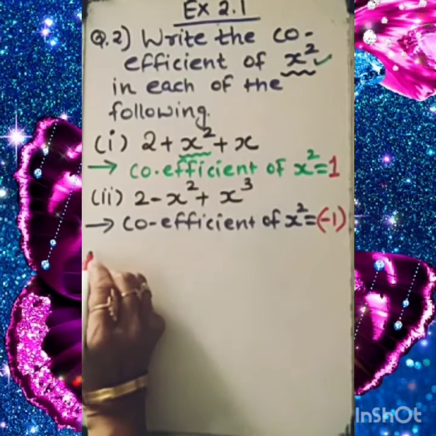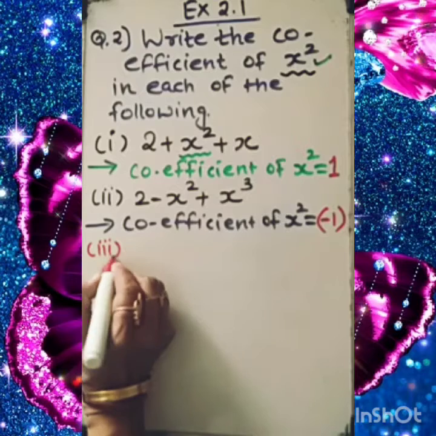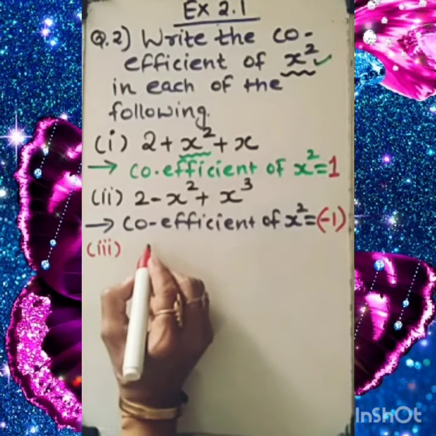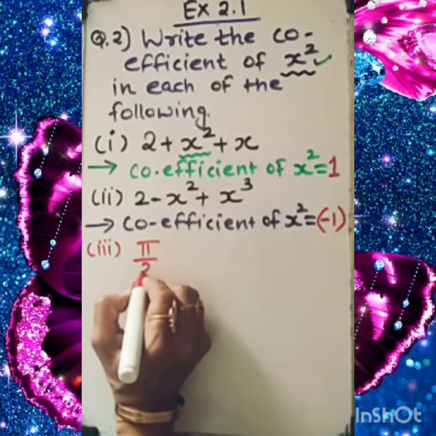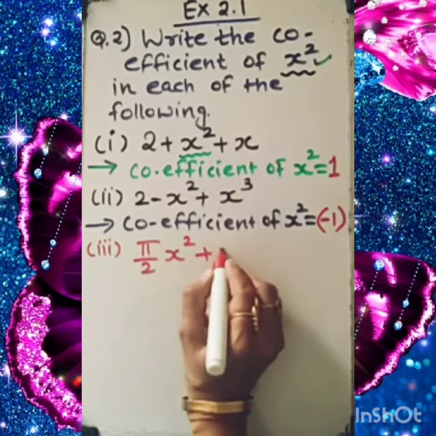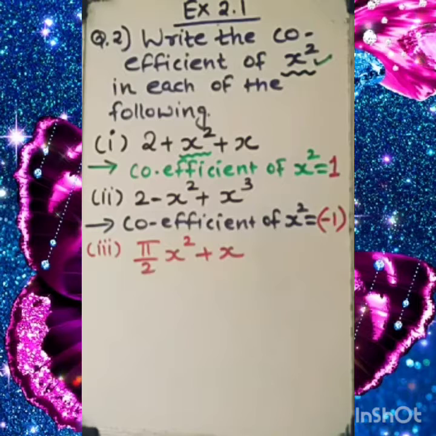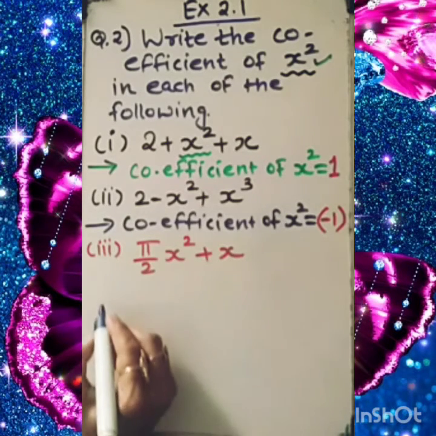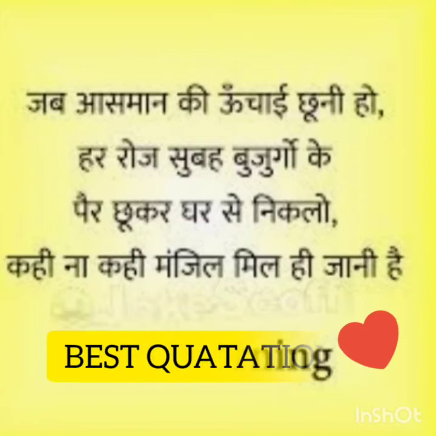Now work out the third. We are given 5 by 2 x square plus x. This is the question. Please write here the coefficient of x square.